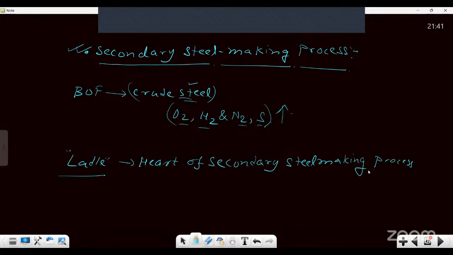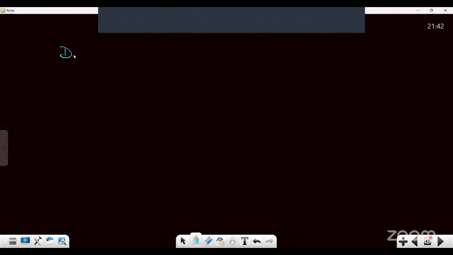Mainly, in the secondary steel making process, desulphurization is very effective here. Desulphurization is mainly done in the secondary steel making process.